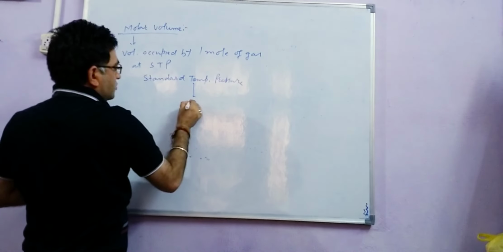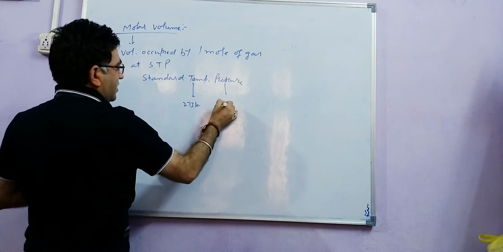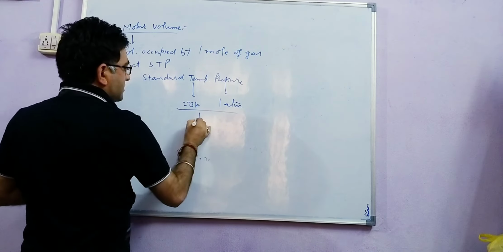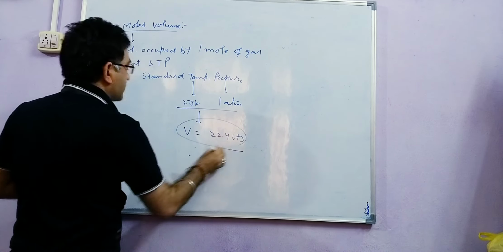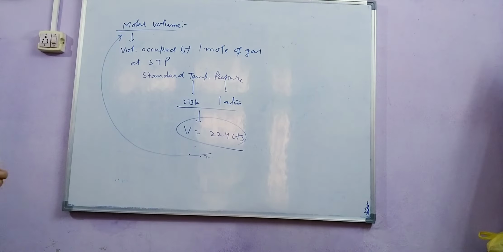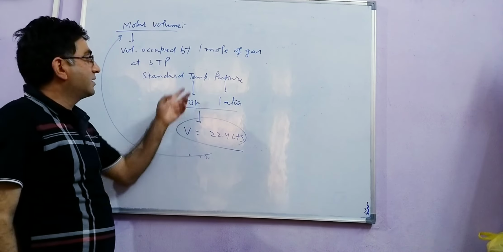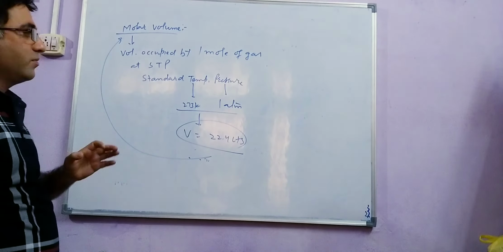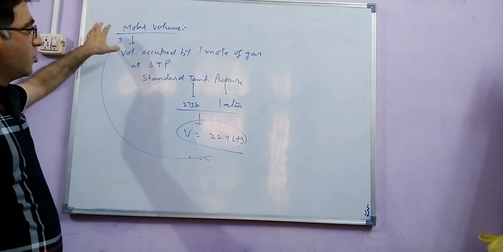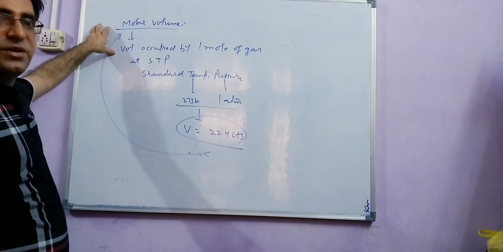Standard temperature is 273 Kelvin, pressure is 1 atmosphere. Under these conditions, volume comes out to be 22.4 liters. This is called molar volume. Molar volume is the volume occupied by 1 mole of gas at STP. Clear, students? Now, this is molar volume, molar mass, and Avogadro's number.